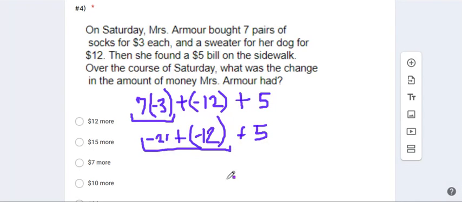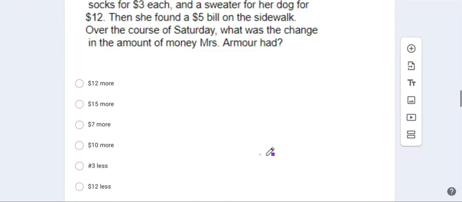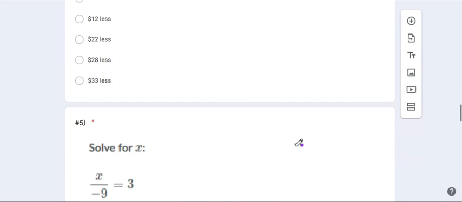So let's add our negative numbers. Negative 21 plus negative 12, isn't that negative 33? Same signs, add, keep the sign. Then she found the $5, so I'm going to add 5. Now, different signs, subtract, keep the big guy. You can figure out the answer and select the correct one.